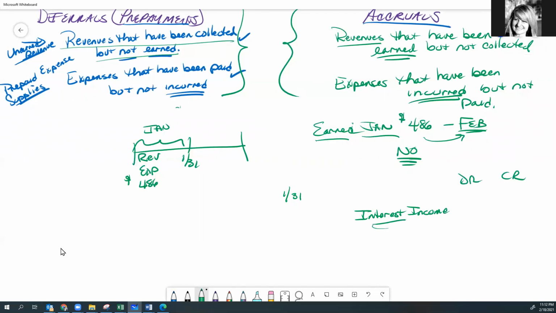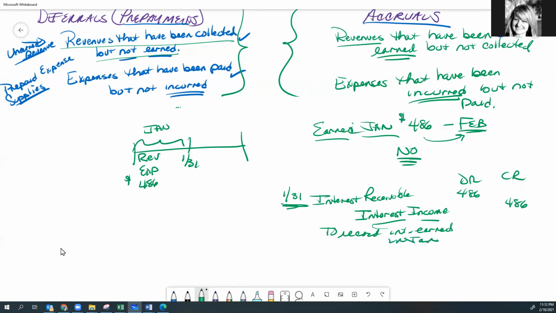I'm going to credit interest income for $486. Why? Because crediting a revenue account makes it increase. So I'm recognizing that revenue by crediting interest income, but I haven't collected it yet. So I have a receivable, interest receivable, for $486, to record interest earned in January.